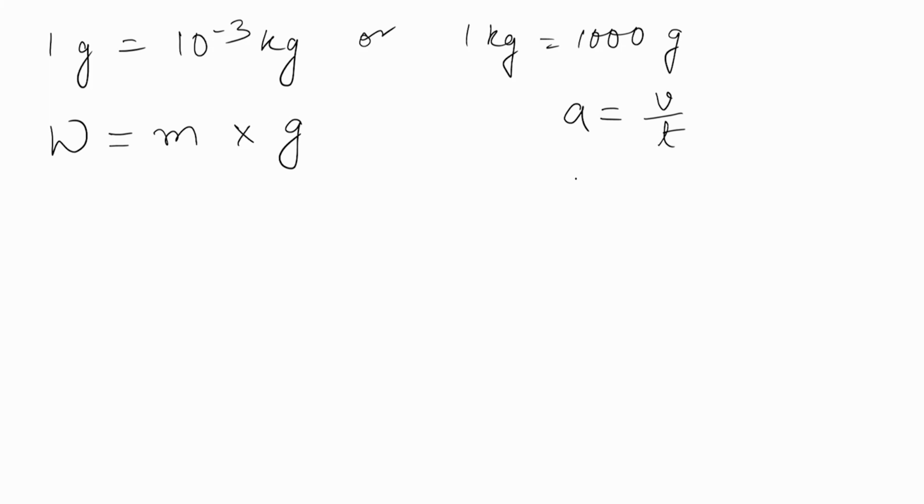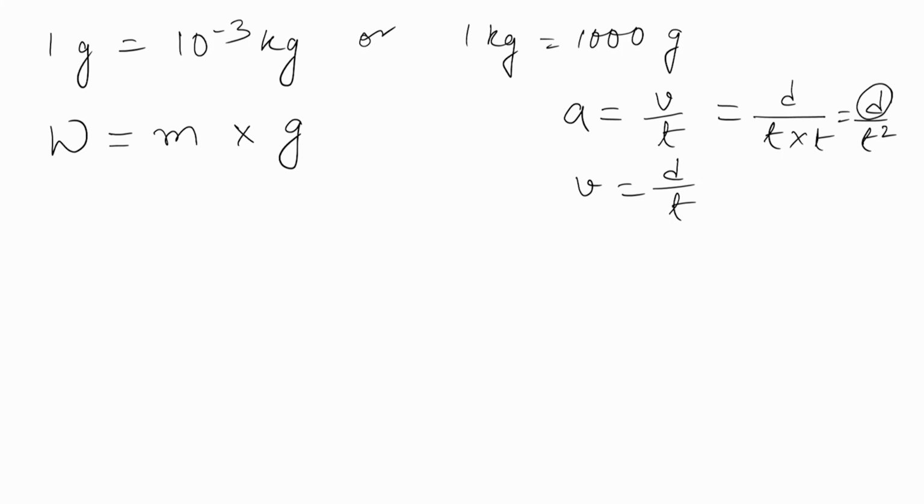We know that speed is equal to distance divided by time. Then acceleration will be equal to distance divided by t into t, that is distance by time square.